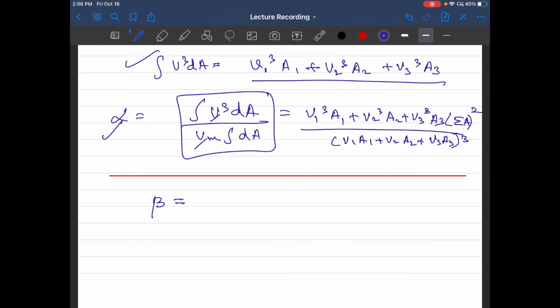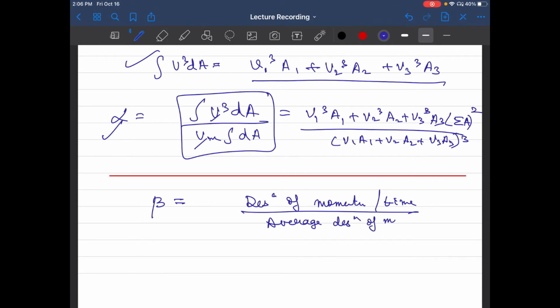It is basically the ratio of a more accurate description of momentum per unit time divided by the average description of momentum per unit time. If we remember this, we don't have to remember beta and alpha separately.